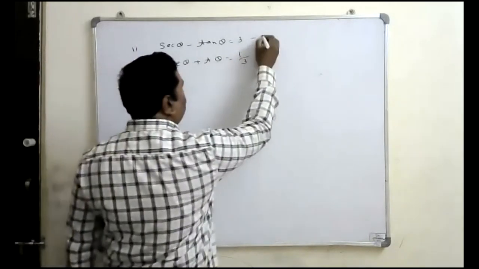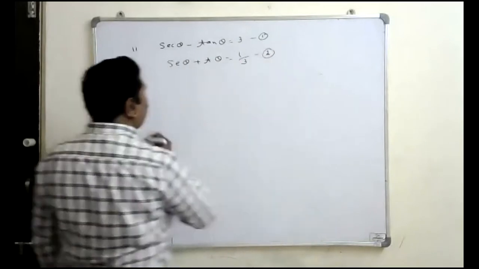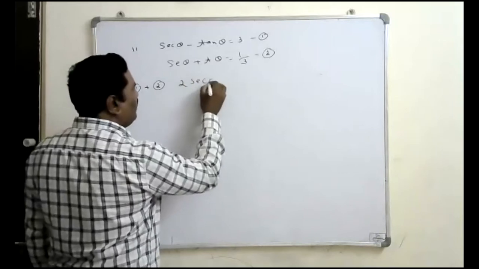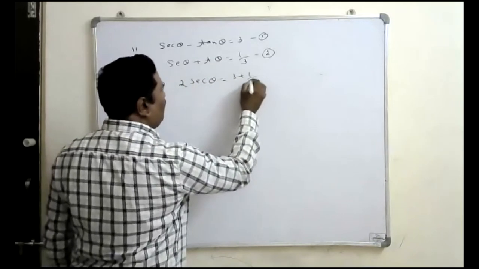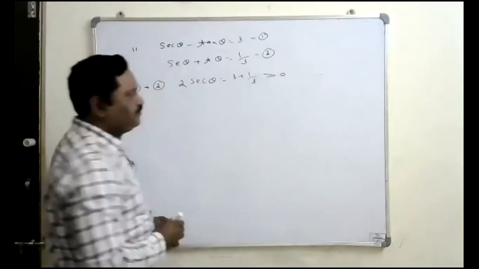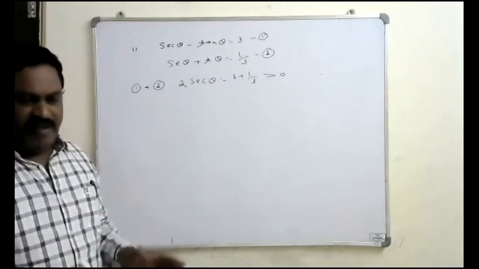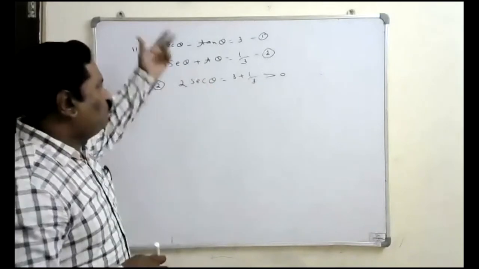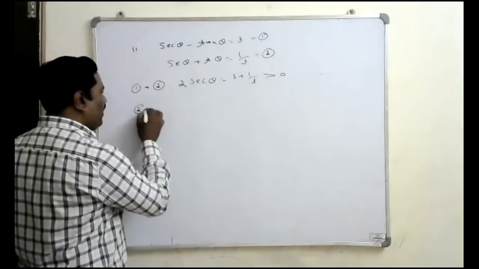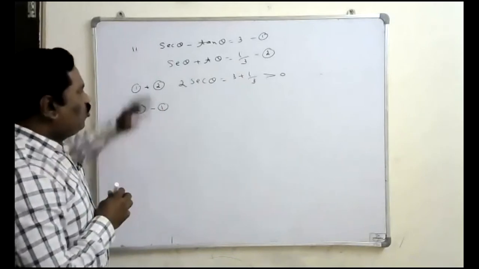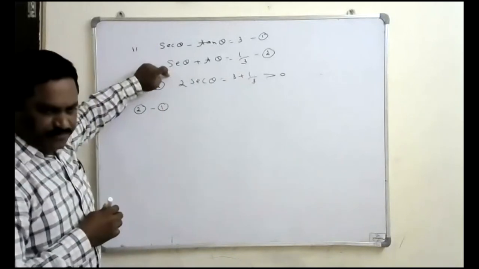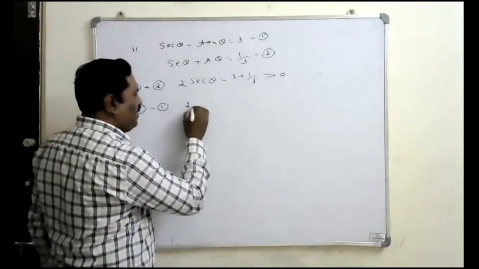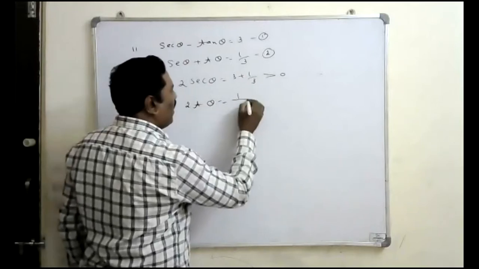Now add these two first. 2 secant theta is equal to 3 plus 1 by 3. This is a positive value, because we want only the sign, not the value. So secant theta is positive. Now subtract them: secant theta gets cancelled, and we get 2 tan theta equal to 1 by 3 minus 3.